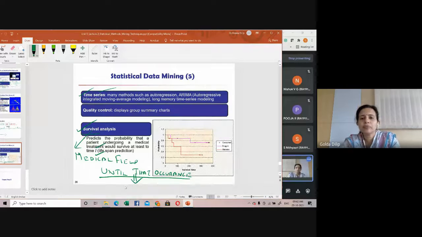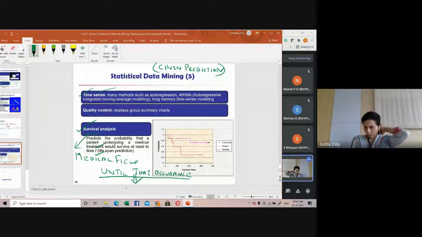In many companies, have you heard about churn prediction, churning, attrition rates in companies? Churn and attrition are opposite words.